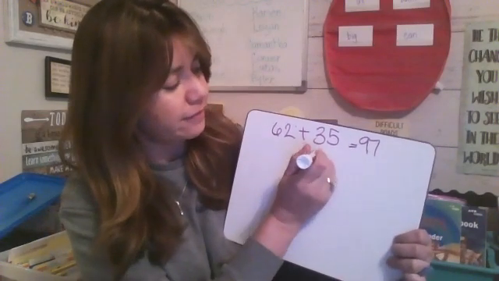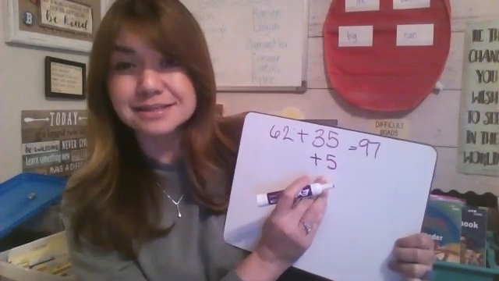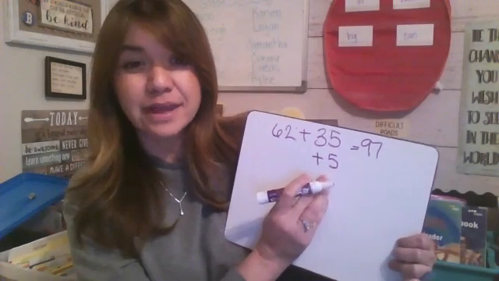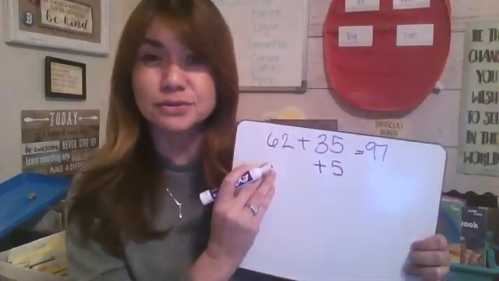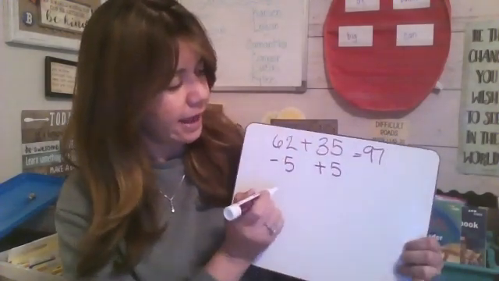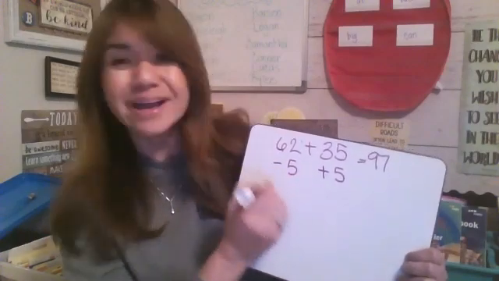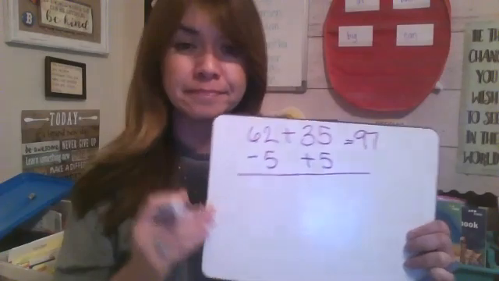So if I take that 35 and I add 5, that's going to get me to a 10. It's going to get me to 40. If I add 5 to this add-in, then to compensate, I need to take 5 away from my other add-in. So now my next part is to put a big line, right, going all the way under.